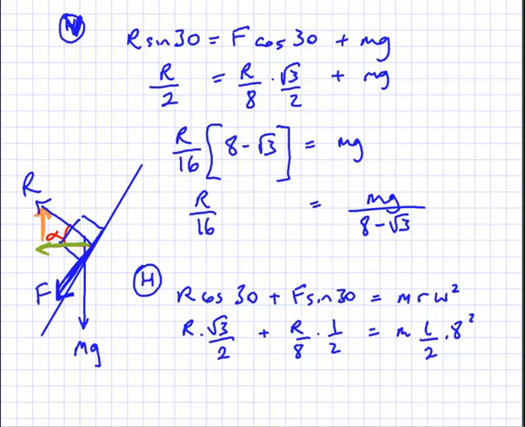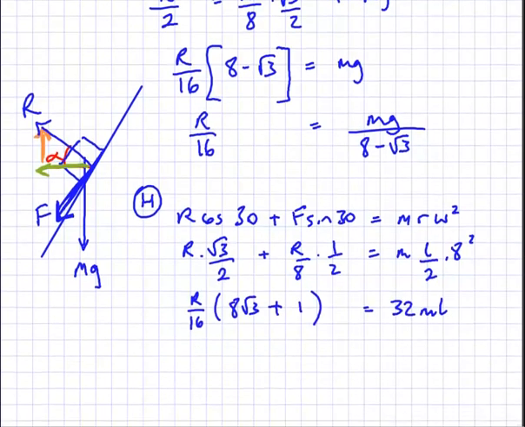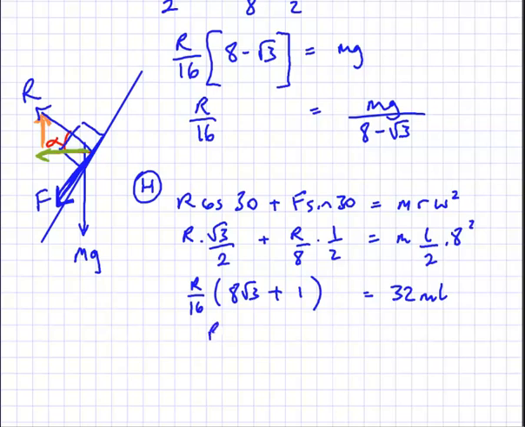So put that in, 8 squared. And again, we're going to rearrange that and factorize it and get it to a point where we've got it equal to R over 16. And we end up with an expression for R over 16 being equal to 32ml divided by (8 root 3 plus 1). So we have two expressions equal to R over 16.